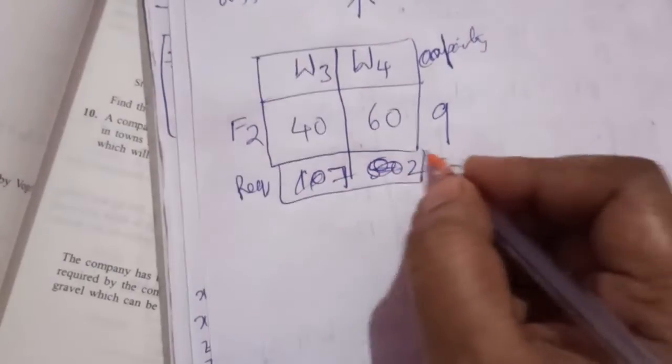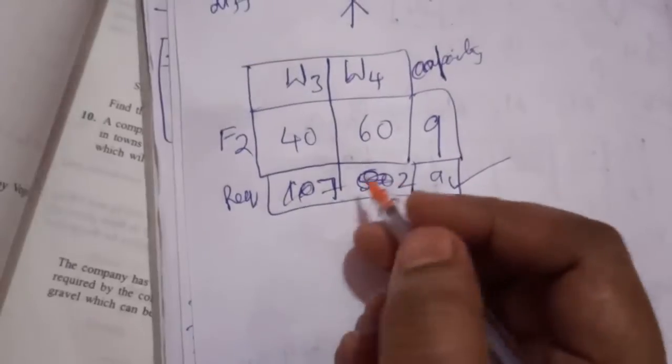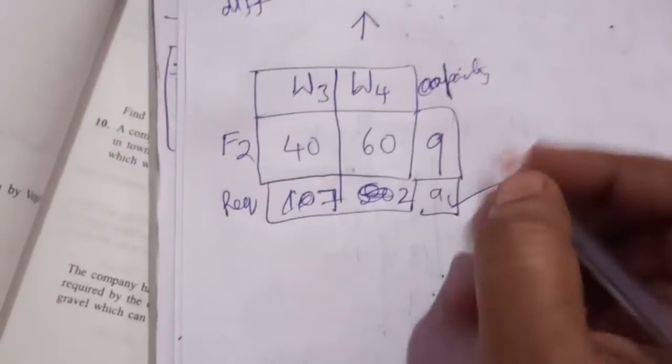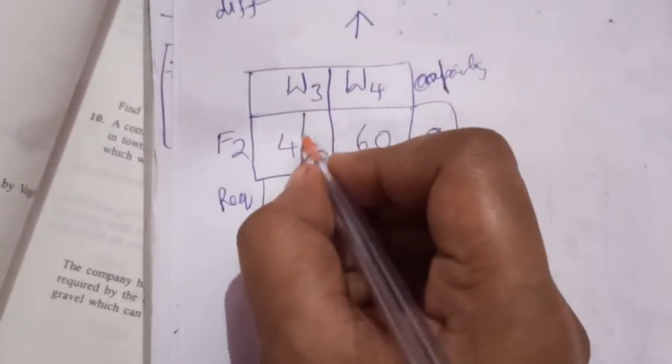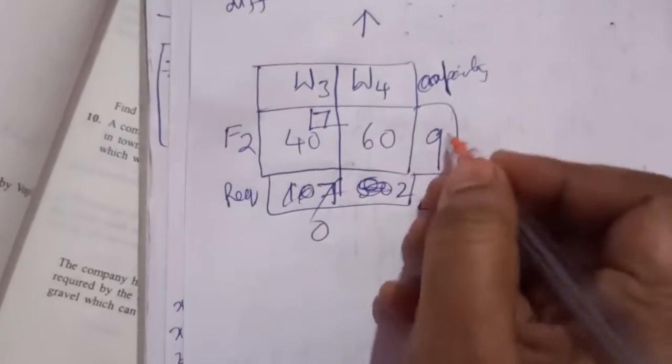So 7 plus 2 is 9, it is balanced. The row differences are 20 and 40. At 40 we can allocate 7 first; 0 will come here and 2.